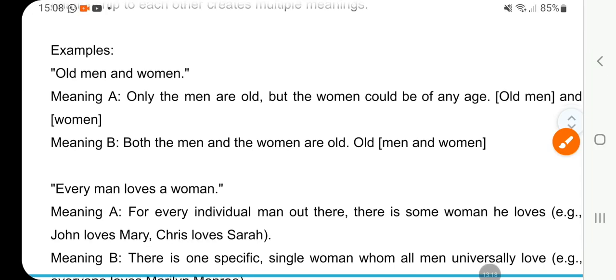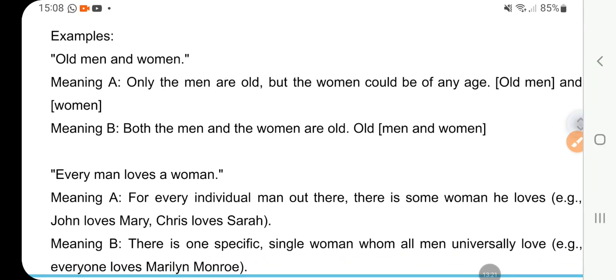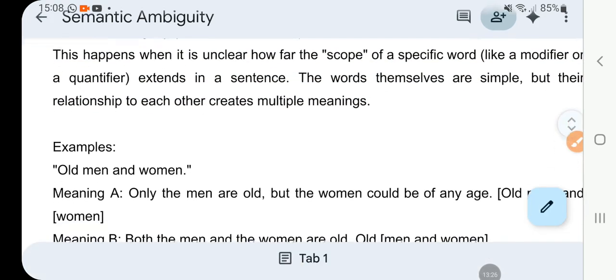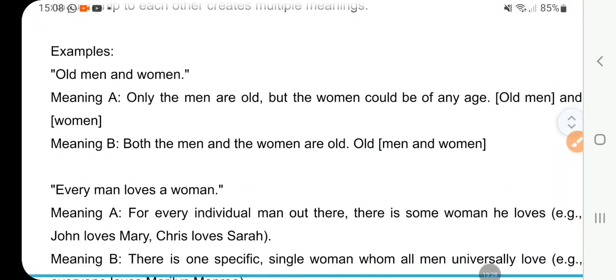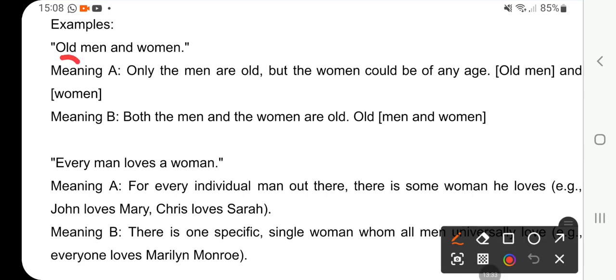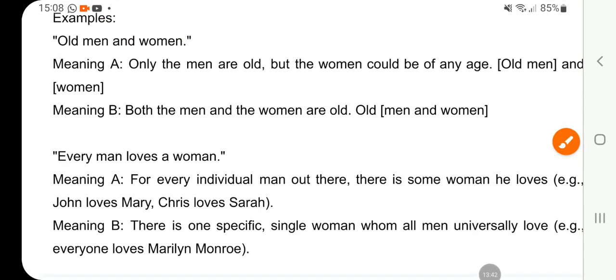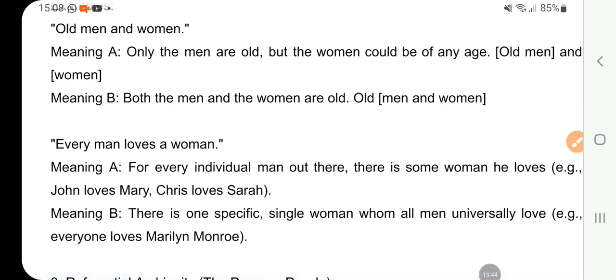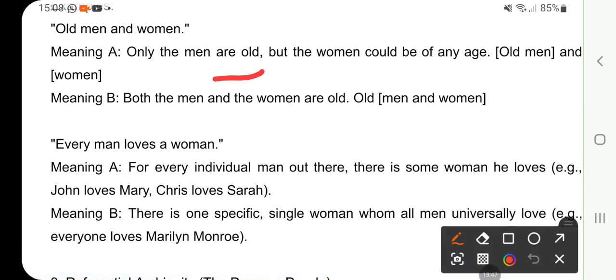Okay. Example, the old men and women. Here, this word old creates a problem, because is the word old used for men and women, or only for men, not for women? Not clear. Meaning only the men are old, but women could be of any age.